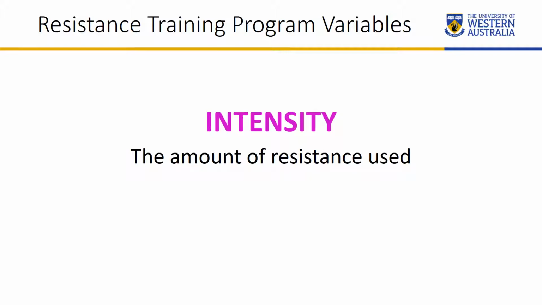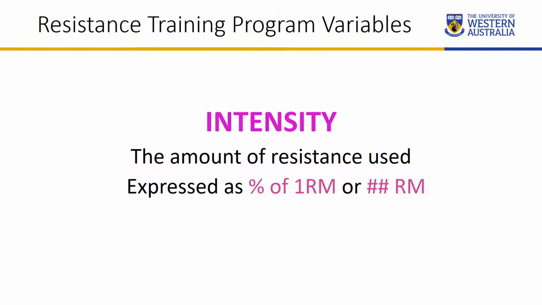Intensity essentially refers to the amount of resistance used in resistance training, so the amount of weight that you may lift for a particular exercise. It generally is expressed as a percentage of one repetition maximum, with 1 RM or one repetition maximum referring to the amount of weight that you can lift for only one repetition of the exercise.